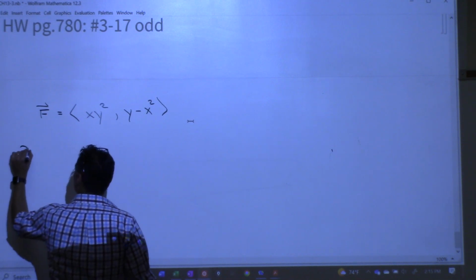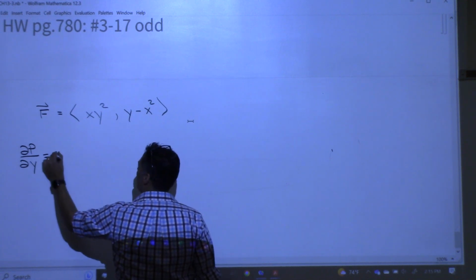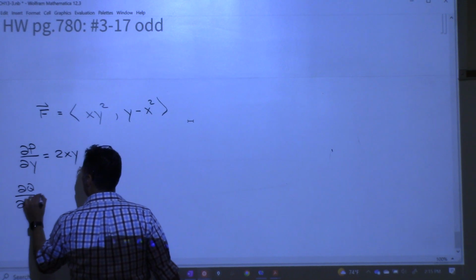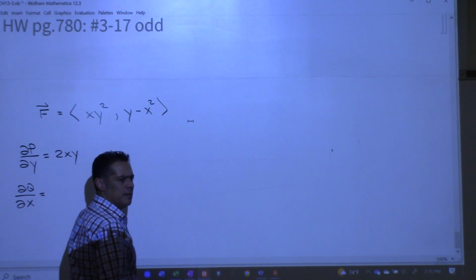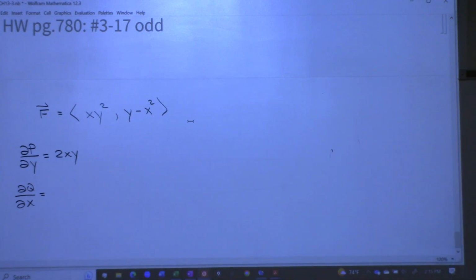Okay, what's the partial of p with respect to y? Taking the partial of that with respect to y, 2xy. What's the partial of q with respect to x?